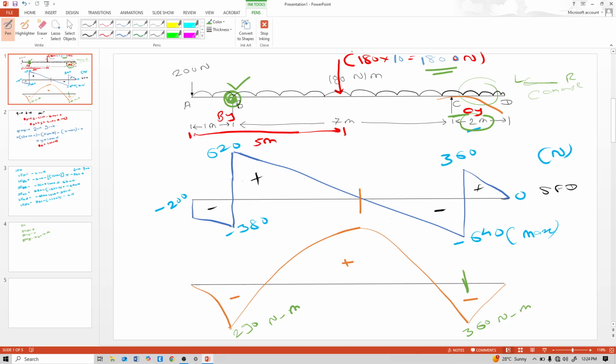So remember this: if you increase this 2 to 4, then 360 into 4, this is 1440. So this is a thumb rule.